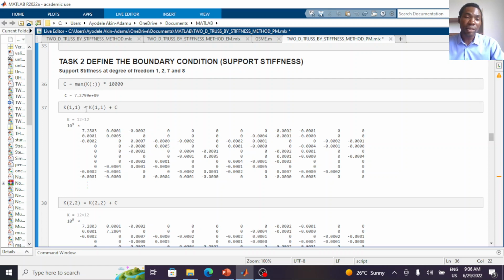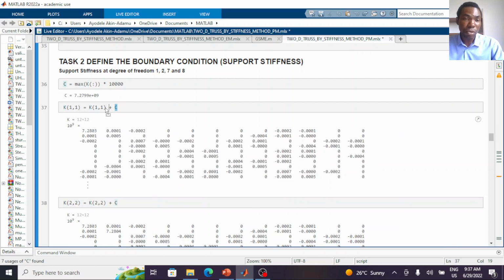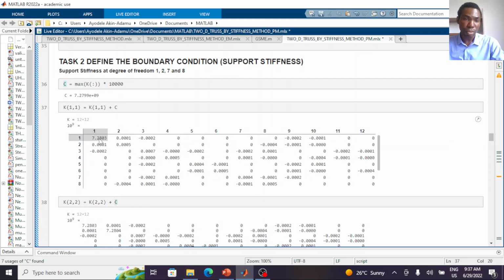Because we have a support at degree of freedom 1, at 1 comma 1 of the global stiffness matrix, we need to add C. This MATLAB line of code does that for us. You can see K1,1 equals K1,1 plus C. So C is added to this position at 1,1.